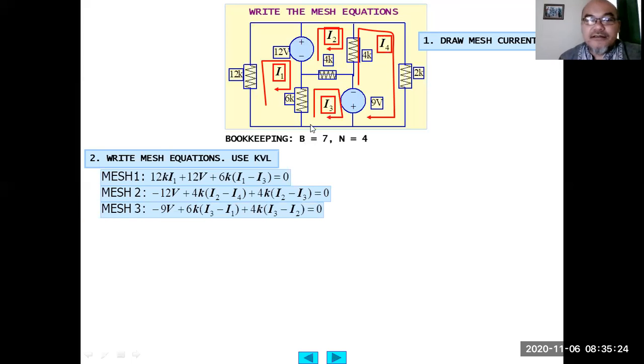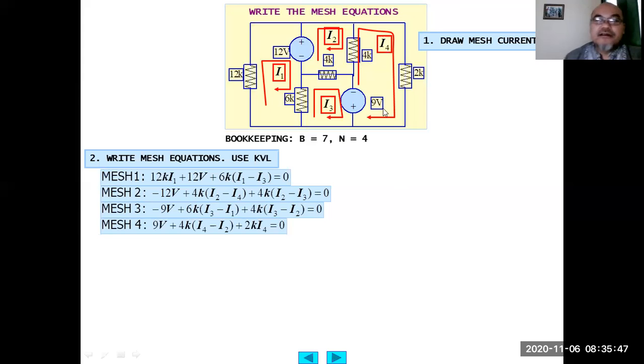At mesh 3, if we depart from this one, this is a voltage increase, so we have to assign negative. Negative 9 volt plus 6 kilo multiplied by I3 minus I1, plus 4 kilo I3 minus I2 equals 0.